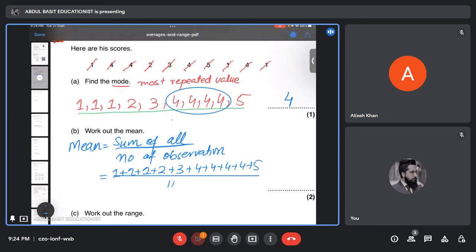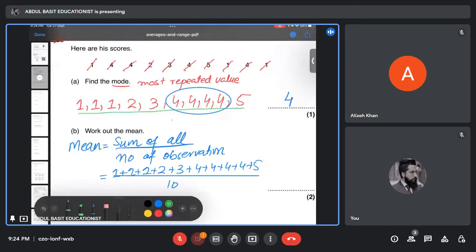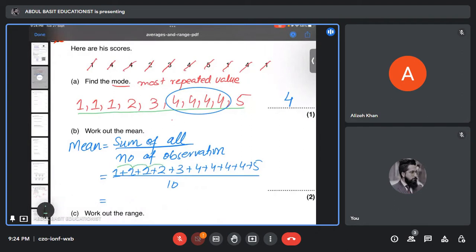So 1 plus 1 is 2, 3, 4, 5. 5 plus 3 is 8. 8 plus 4 is 12. 12 plus 4 is 16. 16 plus 4 is 20. 20 plus 4 is 24. 24 plus 5 is 29, divided by 10.